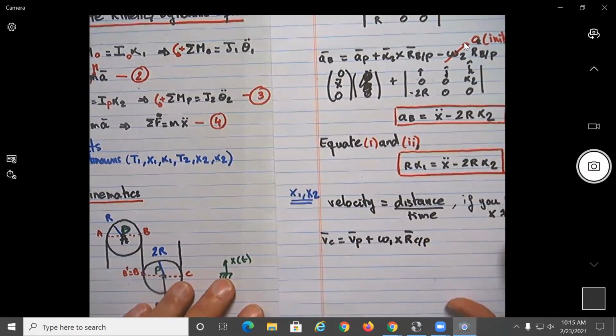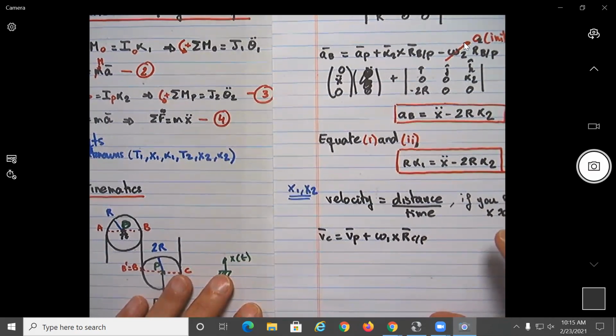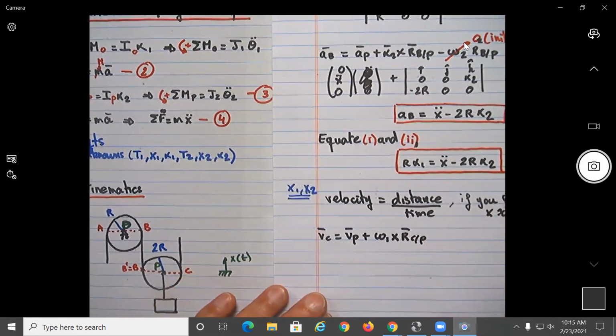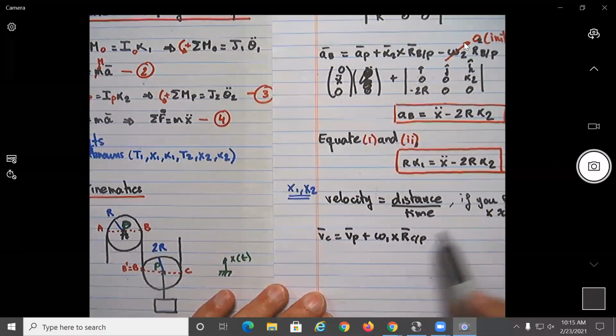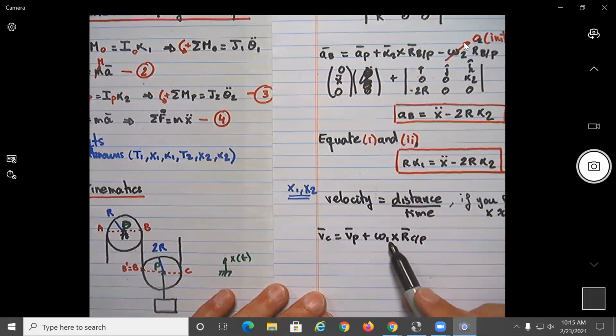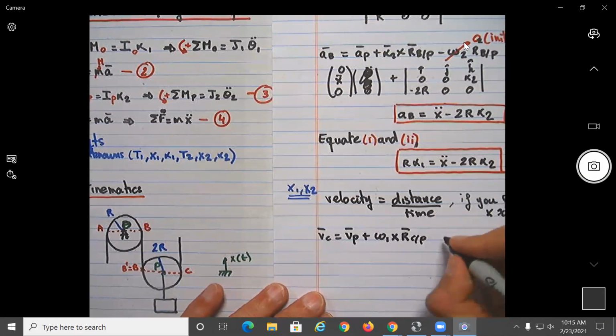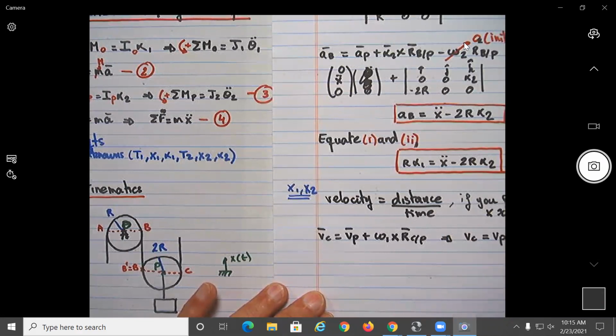You know what? Let's simplify the problem since we have that equation. So, since we say in the problem that this is initially at rest, okay? So what could we say about omega 1? We say that it was 0. So we could say basically here that Vc would be the same thing as Vp, no?